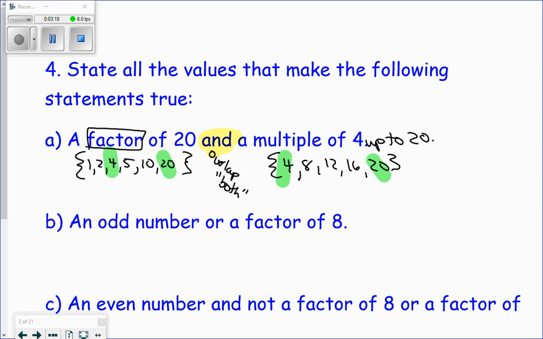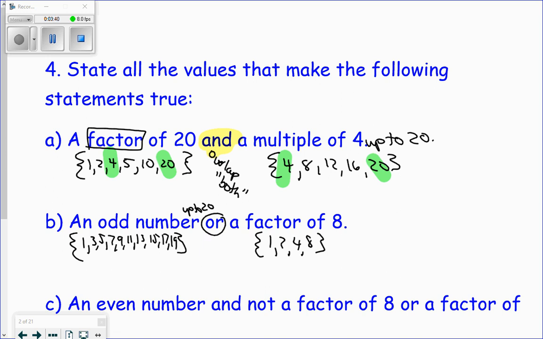So an odd number up to 20 again, and a factor of 8. Odd numbers up to 20 are 1, 3, 5, 7, 9, 11, 13, 15, 17, and 19. A factor of 8 is 1, 2, 4, and 8. So or means everything.